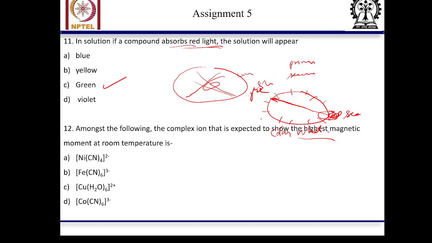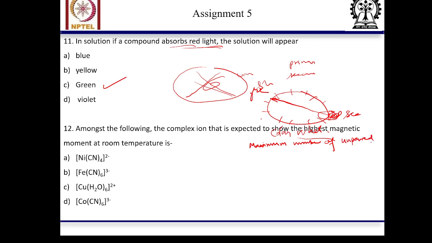Highest magnetic moment means maximum number of unpaired electrons.